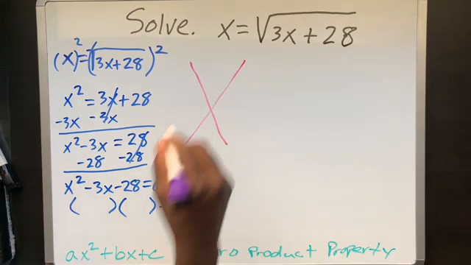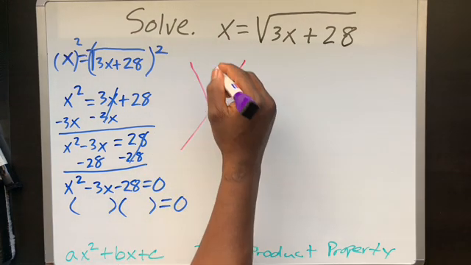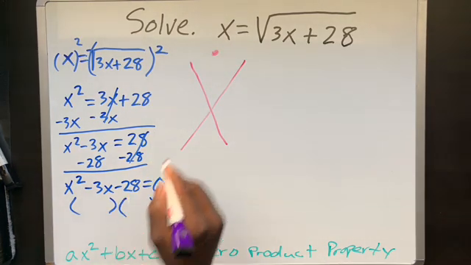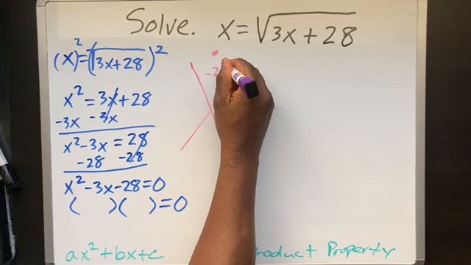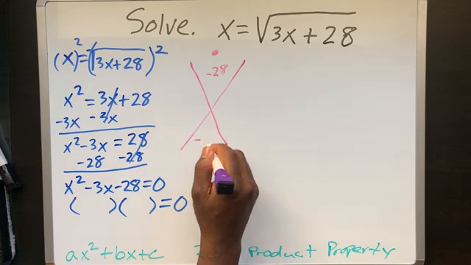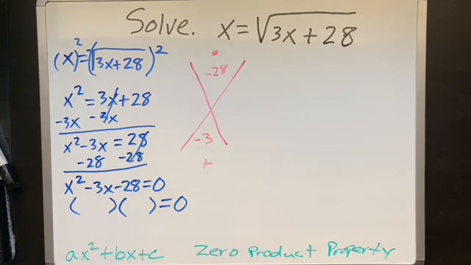Now, we ask ourselves, what two numbers can we multiply and get minus 28, and can we add and get minus 3, or negative 3?